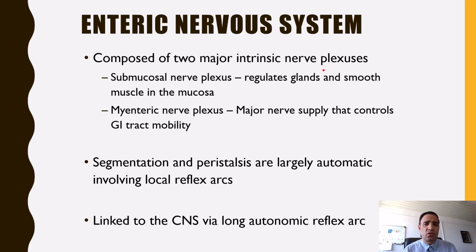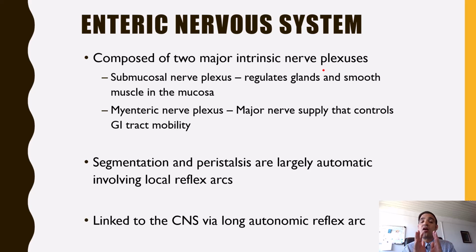Another network of the enteric nervous system is named the myenteric nerve plexus, and this part is located between the circular and longitudinal smooth muscle, and this myenteric nerve plexus is responsible for regulation of the GI activity, the smooth muscle contractility.